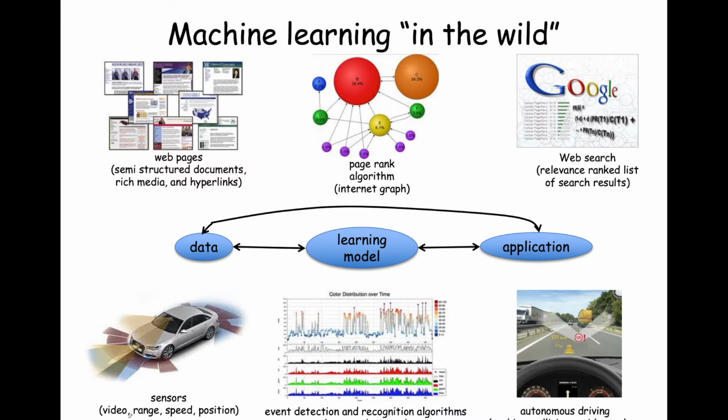They're semi-structured documents, and we compute or find a mathematical abstraction of this data, the internet graph in particular for web pages, where the nodes represent the content for the documents and the edges represent the hyperlinks. And then we run some algorithm or statistics over this mathematical abstraction, and that arrives upon an application. In the case of web search, we have a relevance ranked list of search results.